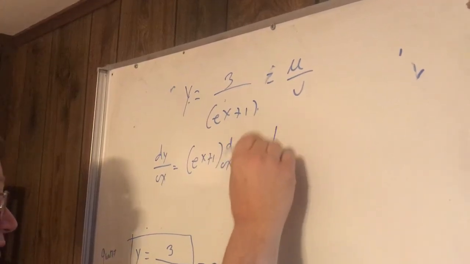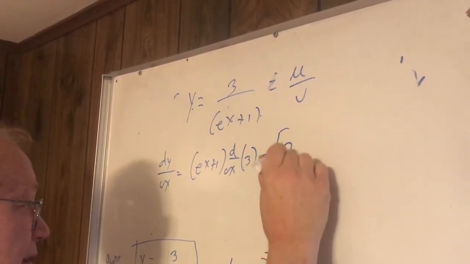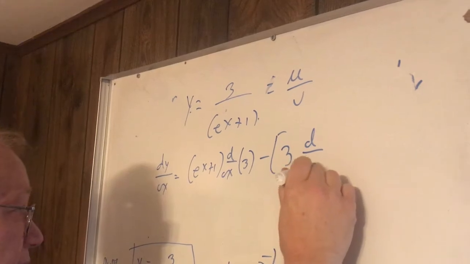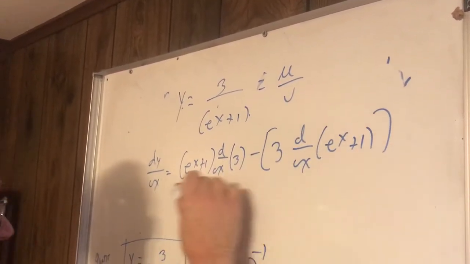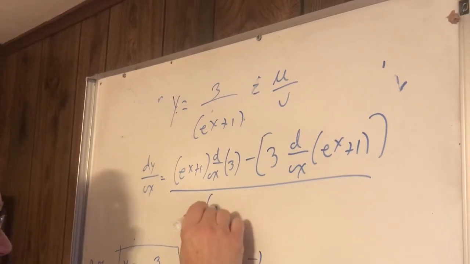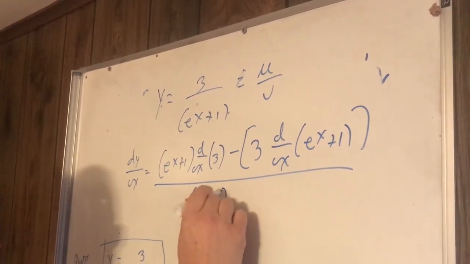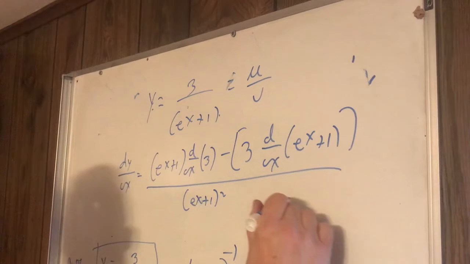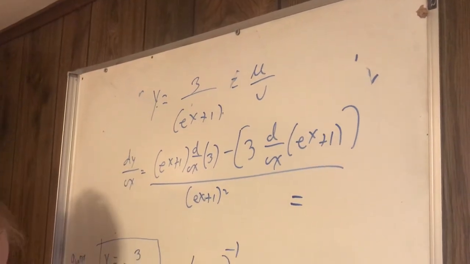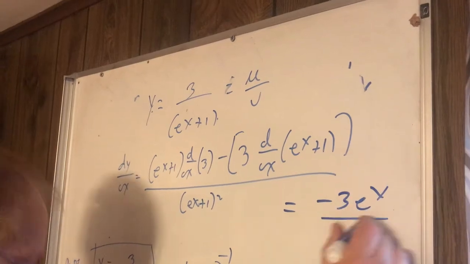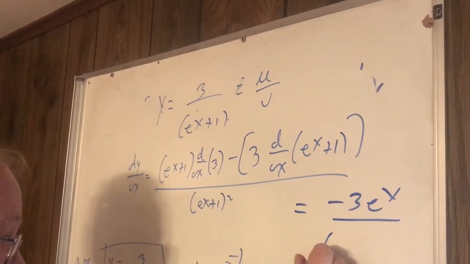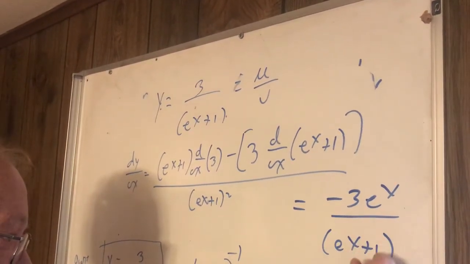That's 0, minus 3 times the derivative of e to the x plus 1 over e to the x plus 1 squared. When you do this, you will find out you will get the same answer, minus 3 e to the x over e to the x plus 1 squared.